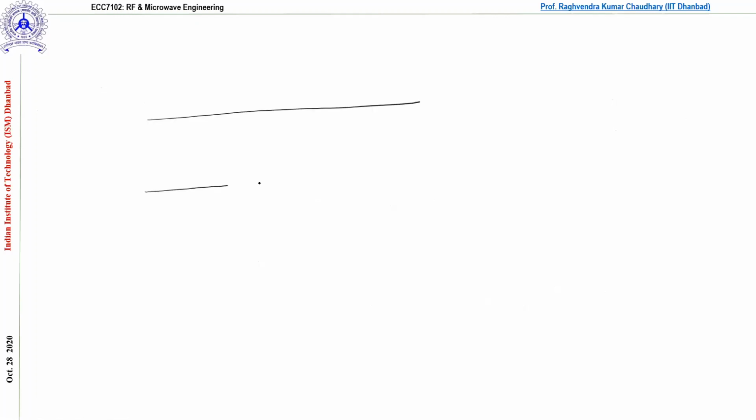So this is a waveguide again, and this is a metallic plunger. Again here we connected a small one with the previous one, I think.